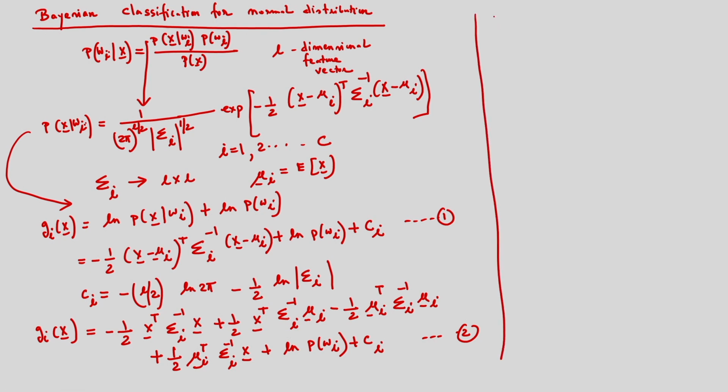My decision boundary, or decision curve, will be g_i(x) minus g_j(x) equal to 0. So that is the decision boundary.